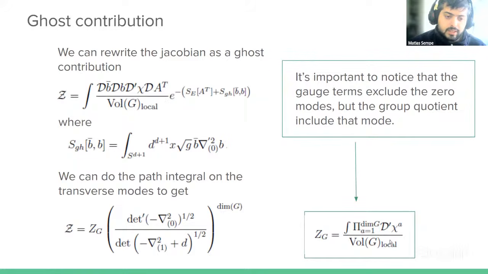This can be put like this. So this is the full group, and here we are excluding the zero mode from the calculation. Why we are excluding the zero mode from the calculation is because when we do the parameterization before, if we put the zero mode of the scalar field, this doesn't change the A_mu. So it's not a real contribution to the A_mu. So the good calculation has to be done like this.